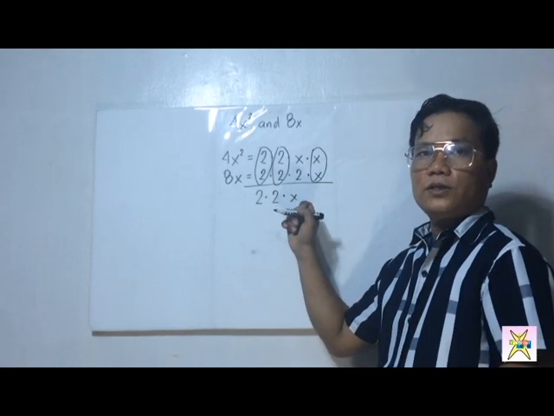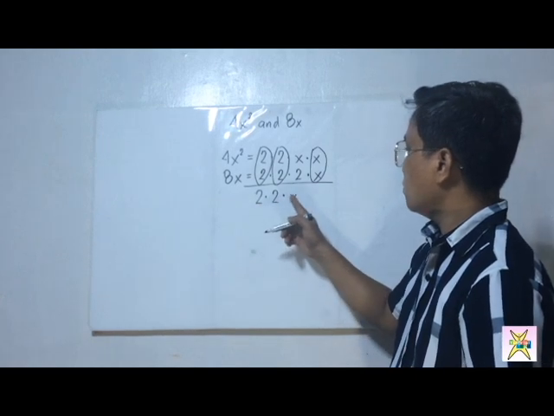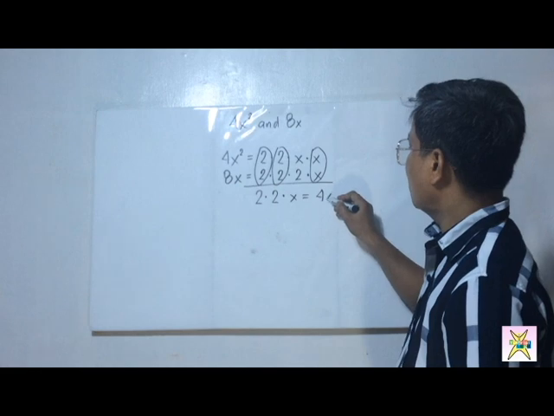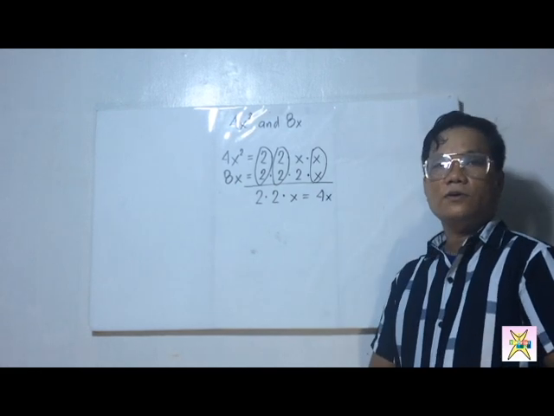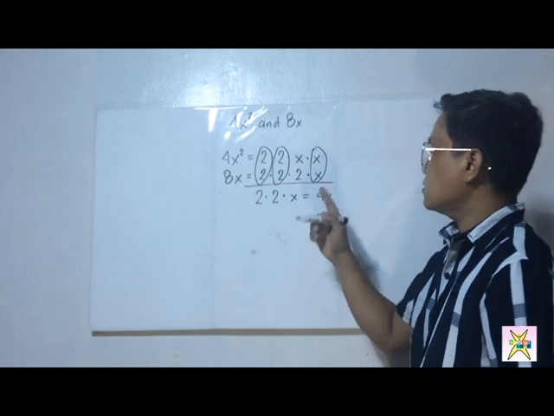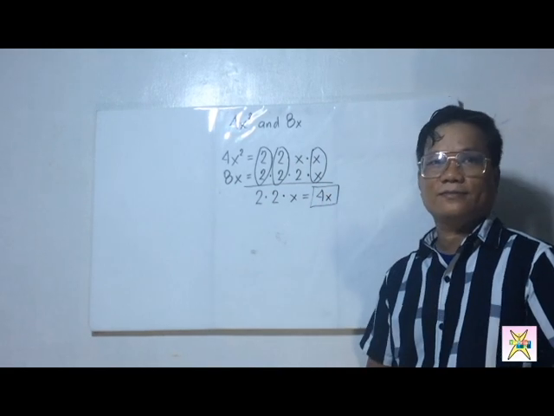Then we simply multiply: 2 times 2 is 4, times x is equal to 4x. Therefore, the GCF of 4x squared and 8x is equal to 4x.